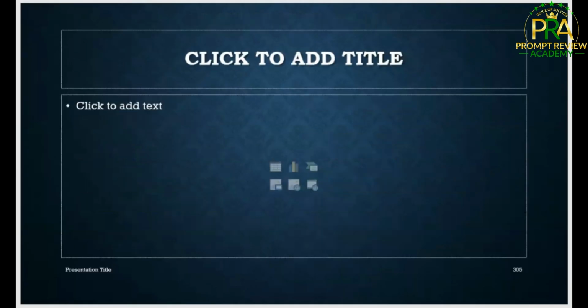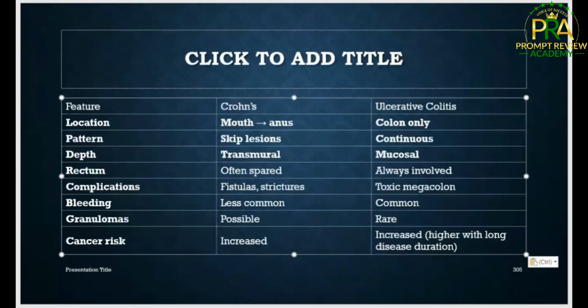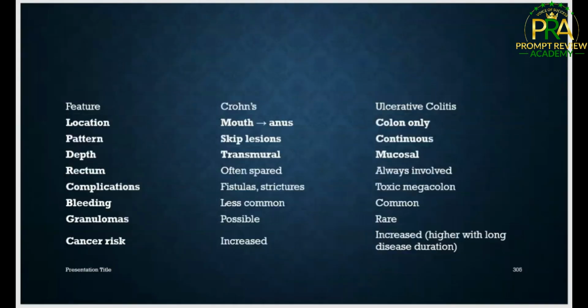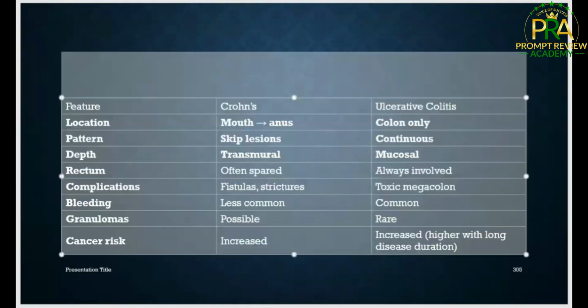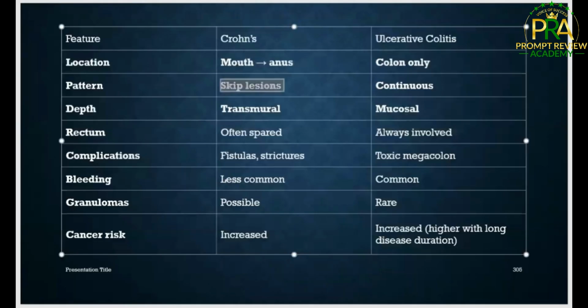And this is the table to remember everything I said. In Crohn's disease, there is a skip lesion; in ulcerative, it is continuous. In depth, Crohn's is transmural, and ulcerative is mucosal.